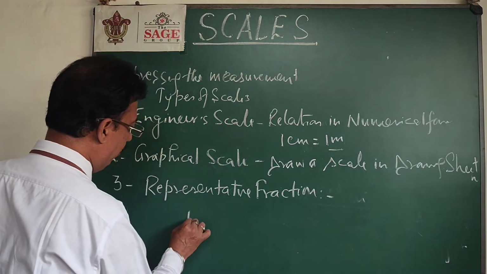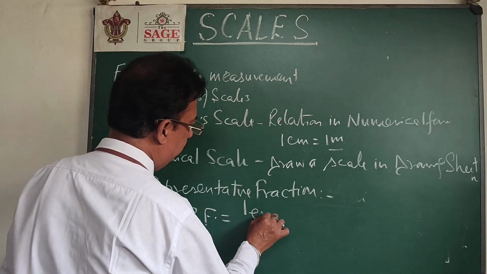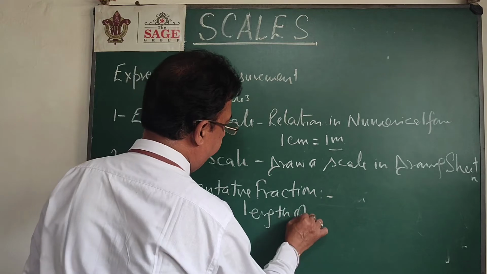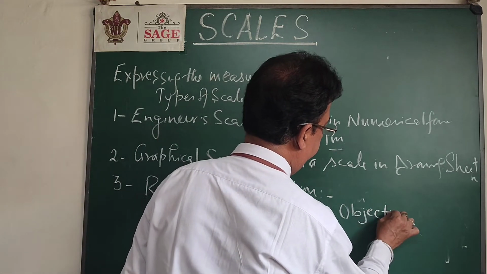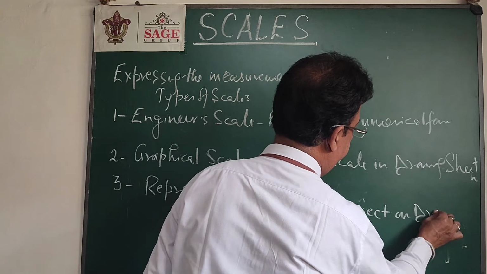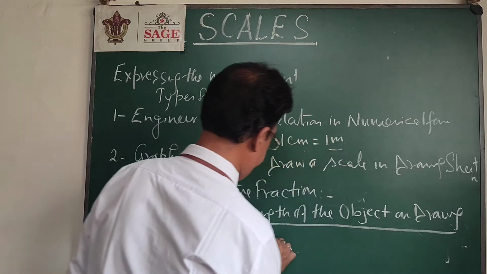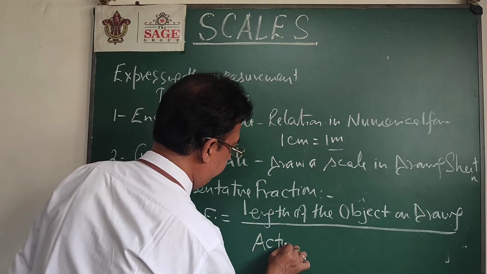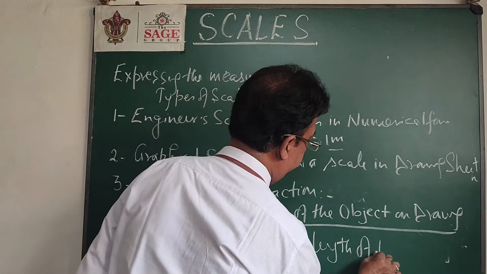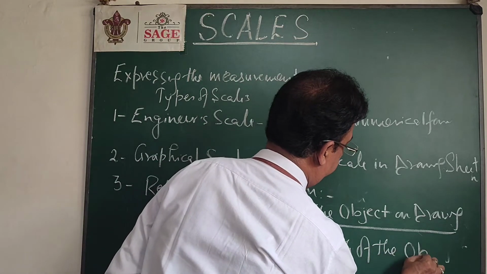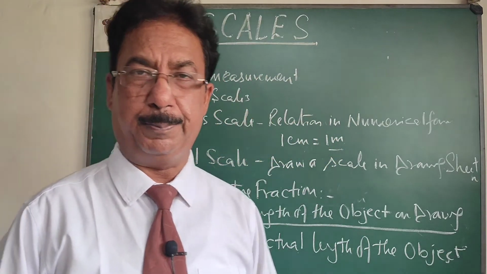Representative fraction, in short RF, equals the length of the object on drawing upon the actual length of the object. So RF is again in the form of a proportion.